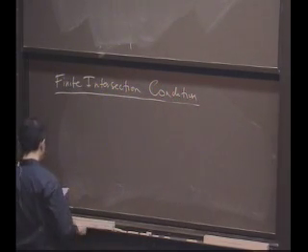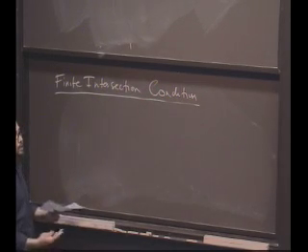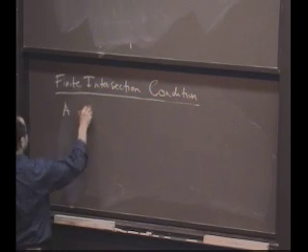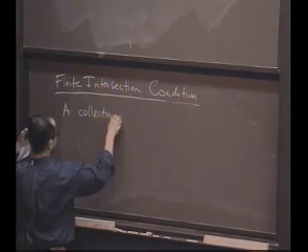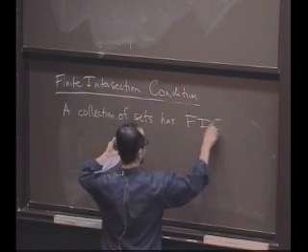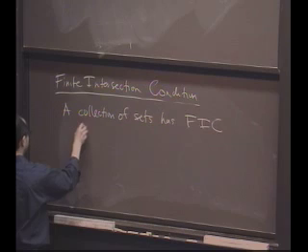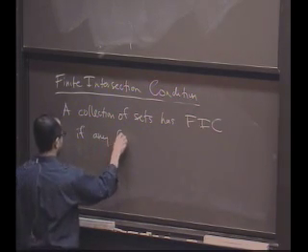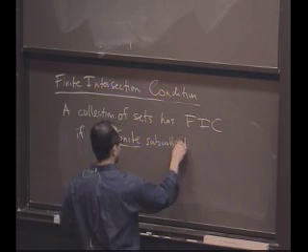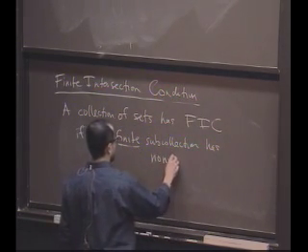So the finite intersection condition is basically, you say a collection of sets has the finite intersection condition if any finite subcollection has a non-empty intersection.